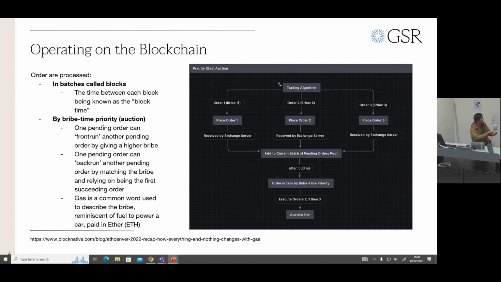So that is one of the interesting consequences of this sort of system, in which someone can jump ahead just because they paid a higher bribe than you. Someone else can also backrun me by matching the bribe that I'm paying, and then executing after mine.